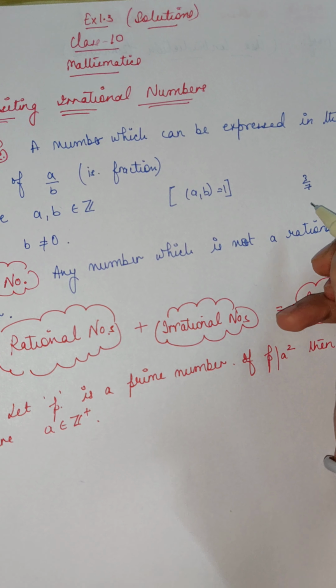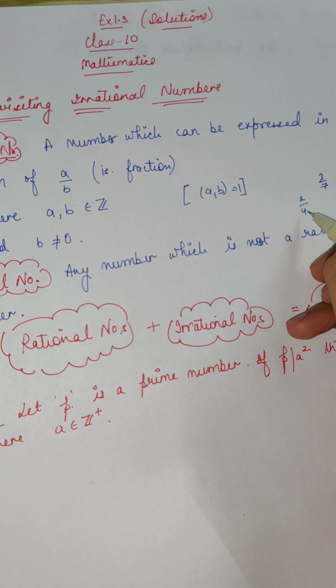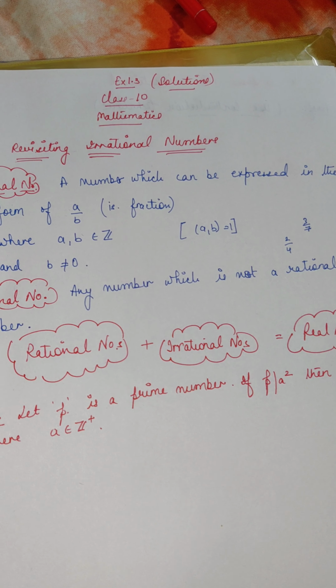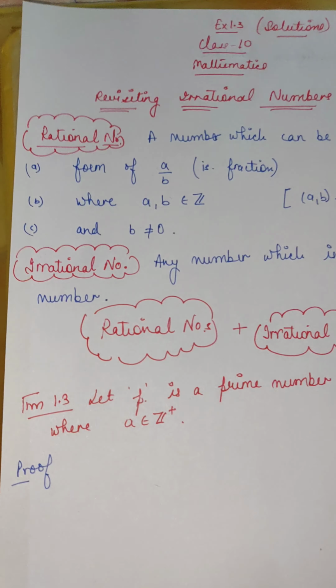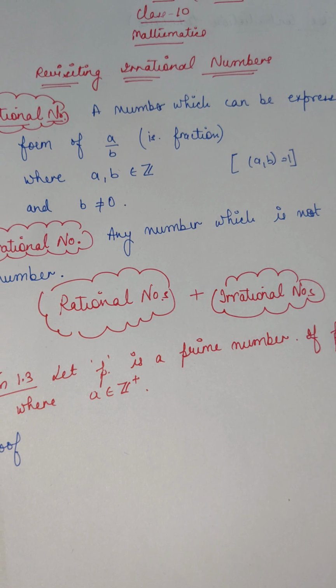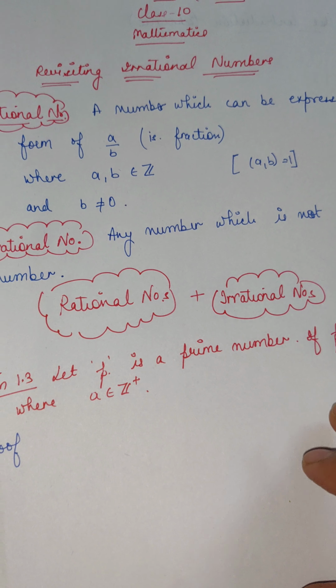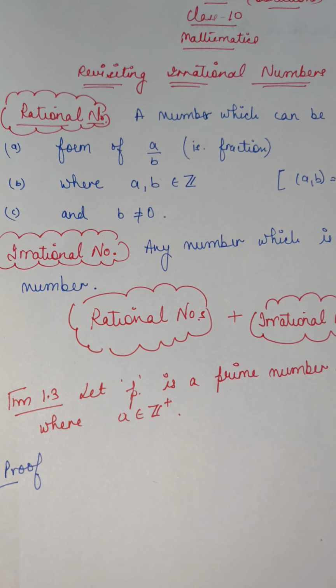So it is a perfect rational number. If you take the number 2 by 4, you cancel out and you get 1 by 2. So 1 by 2 is a perfect rational number, 2 by 4 is not a perfect rational number, right? This condition is useful when you solve other questions of this exercise, so you should remember it as well.